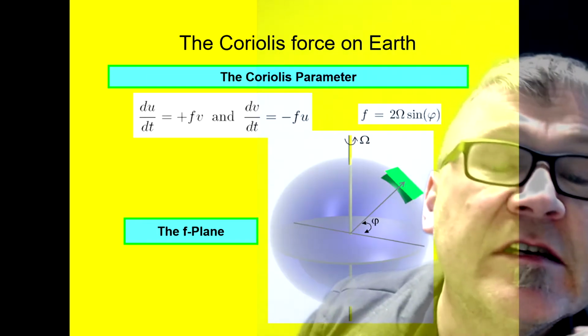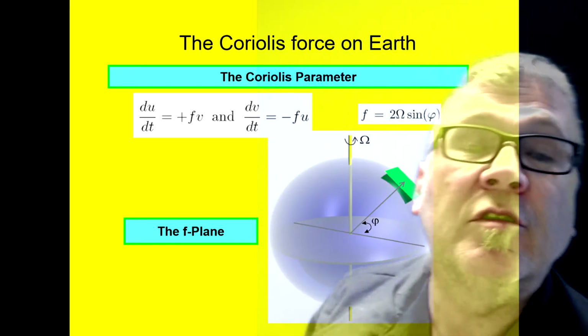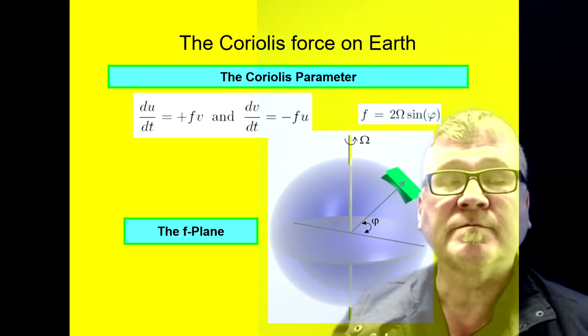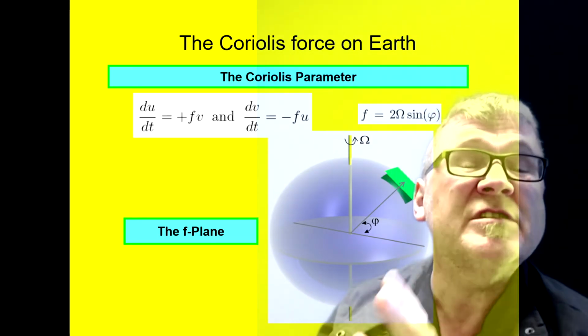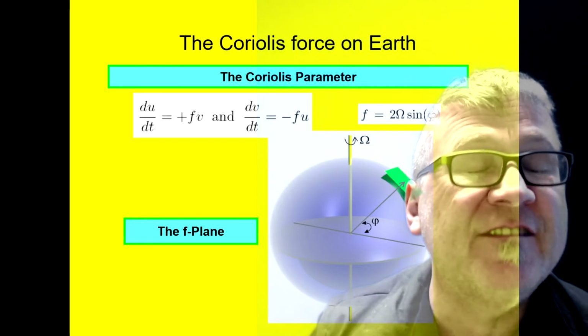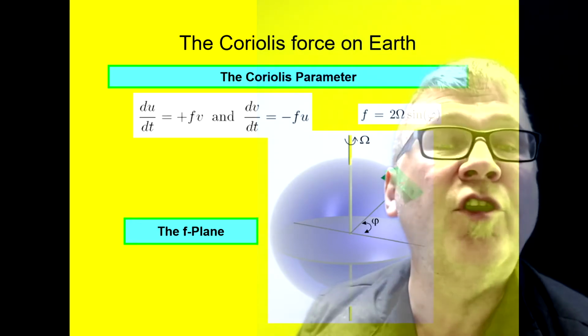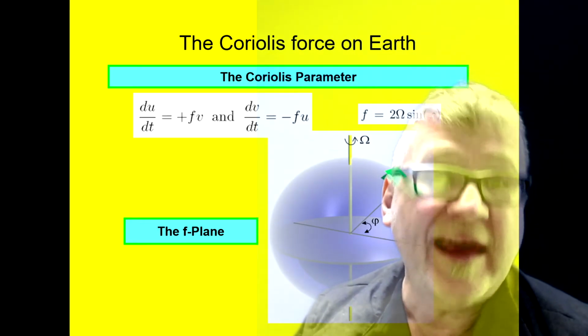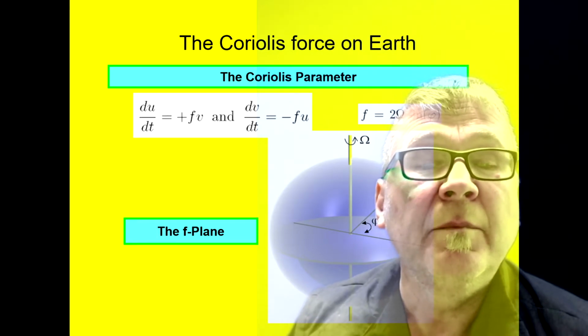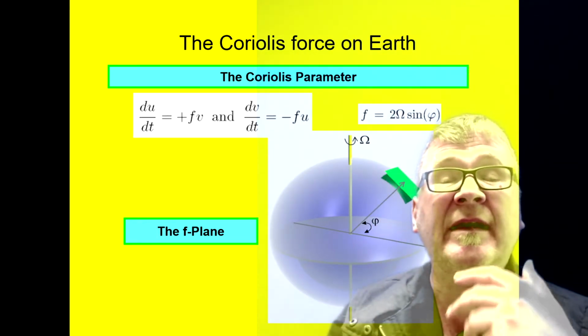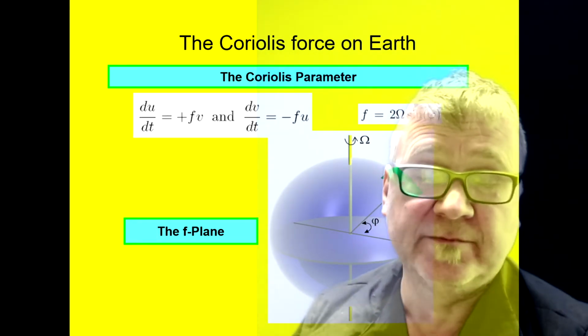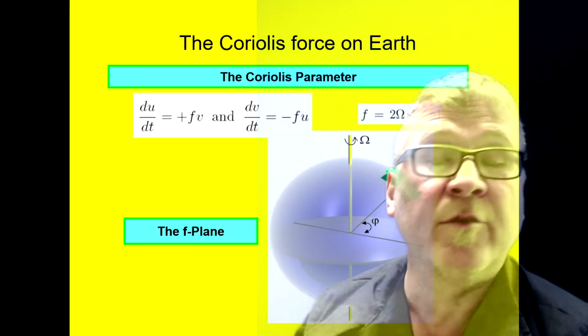Before we do this, we just look at the Coriolis force on Earth. The Coriolis force on Earth is very, very similar to just the turntable example, but it has a little bit in addition. Here you can see the equations again.